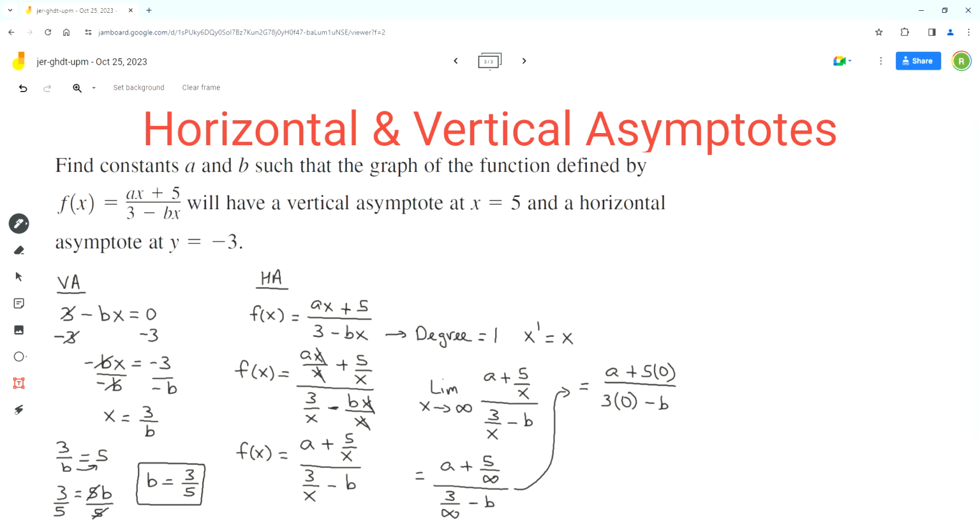Now 5 times 0 is 0. So the numerator is just a and the denominator is just negative b. Now as per the problem, the horizontal asymptote is at y equals negative 3. That means this value that we got for the horizontal asymptote, a over negative b, should be equal to negative 3.